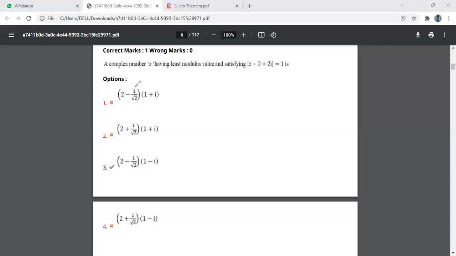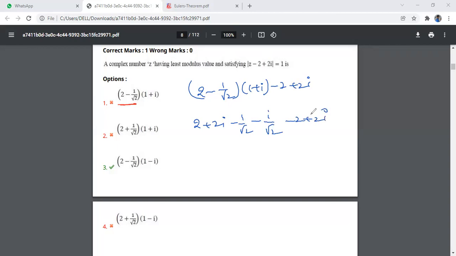So for your convenience, I am substituting one more value also. This value also I will substitute in place of z. If you are interested, you see, or now just skip that and go to the next problem. Okay, what they are saying, z is 2 minus 1 by root 2 of 1 plus i, and this minus 2 plus 2i. Simple multiply. What, 2 plus 2i minus 1 by root 2 minus i by root 2 minus 2 plus 2i. This I wrote here.